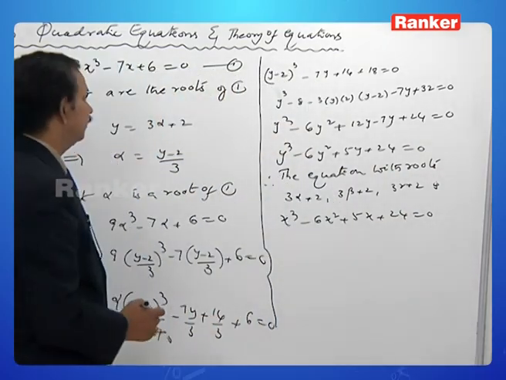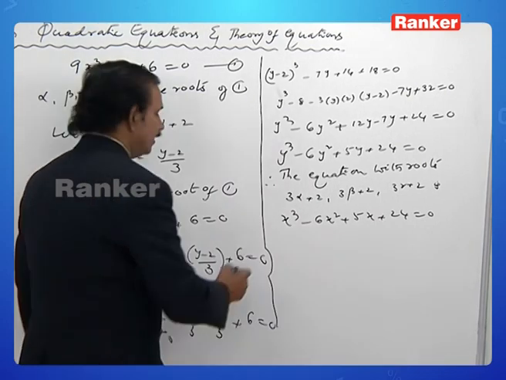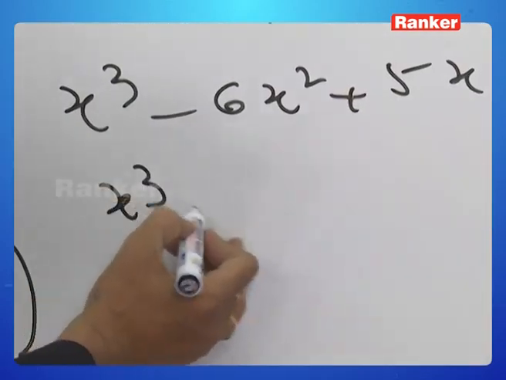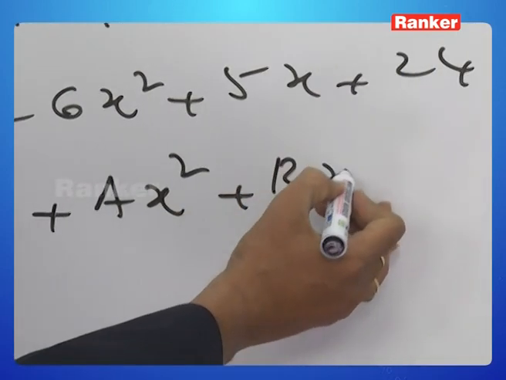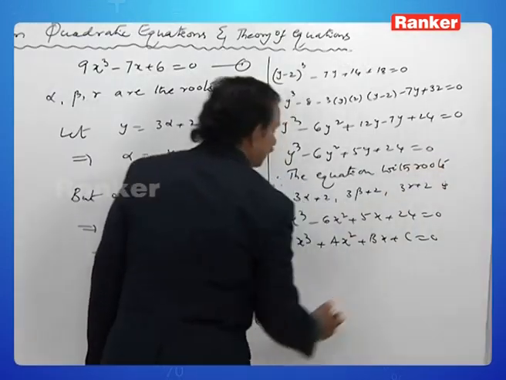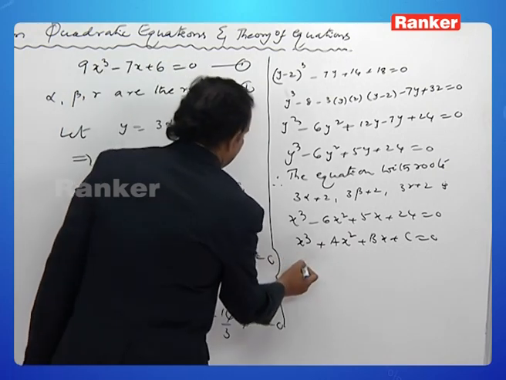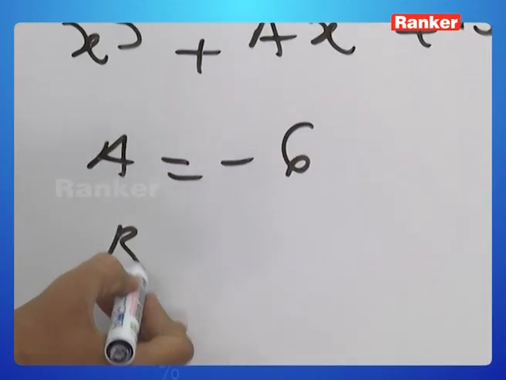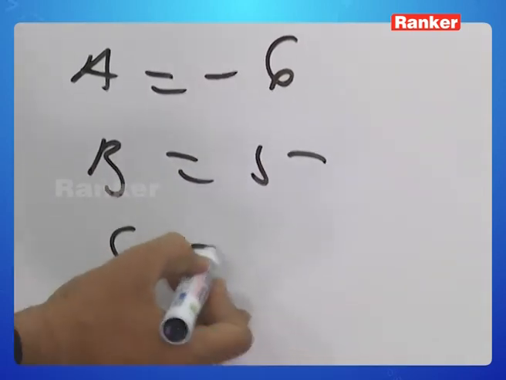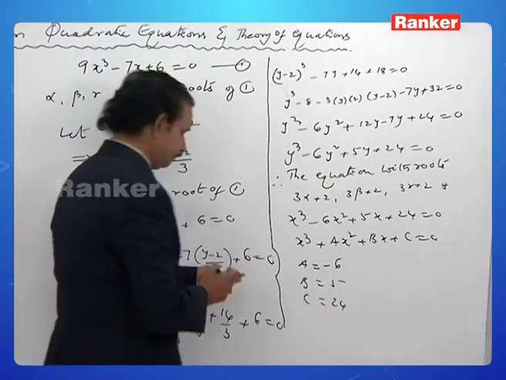Now you compare this with the new equation which he has given, x cube plus ax square plus bx plus c is equal to 0. With this comparison, you will be able to have a is equal to minus 6, b is equal to 5, c is equal to 24.